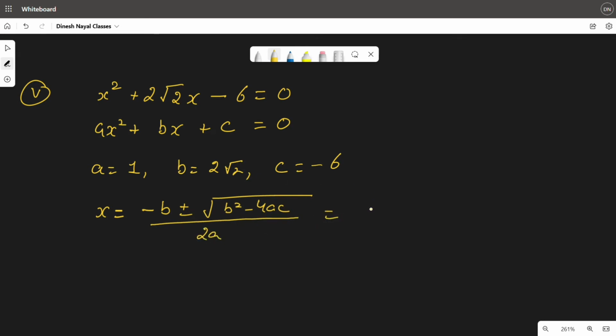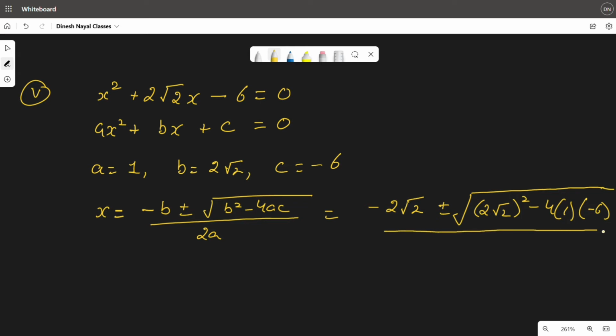Now substituting the values, this will be minus b, which is minus 2 root 2, plus minus under root b square, which is 2 root 2 whole square, minus 4 into 1 into c, and c is minus 6, upon 2 into 1, which is 2.